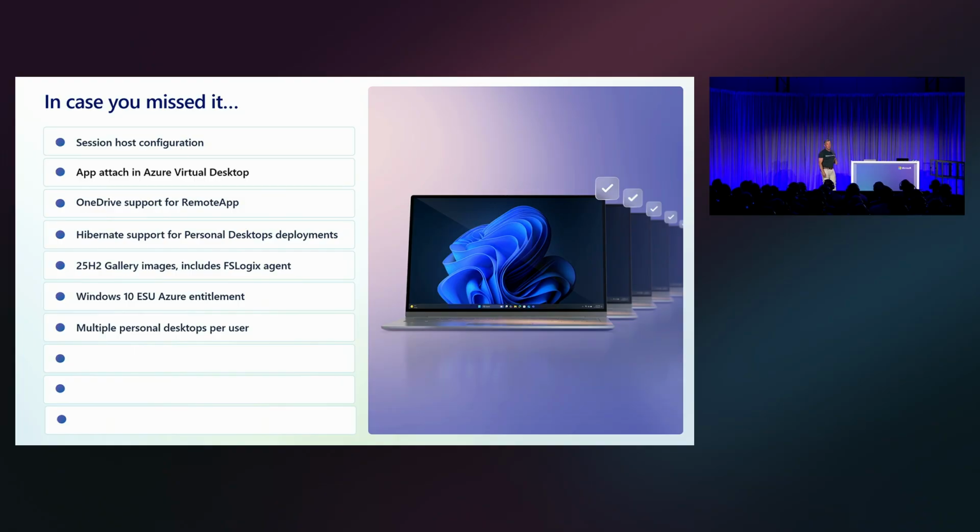You can now assign a user multiple desktops in a personal desktop deployment. You can also provide a URL to directly launch a desktop or a personal app. Multi-monitor support for web client. This just recently got released. This is pretty awesome. And probably my most favorite one out of all of these is finally, Azure Files supports cloud-only identities.